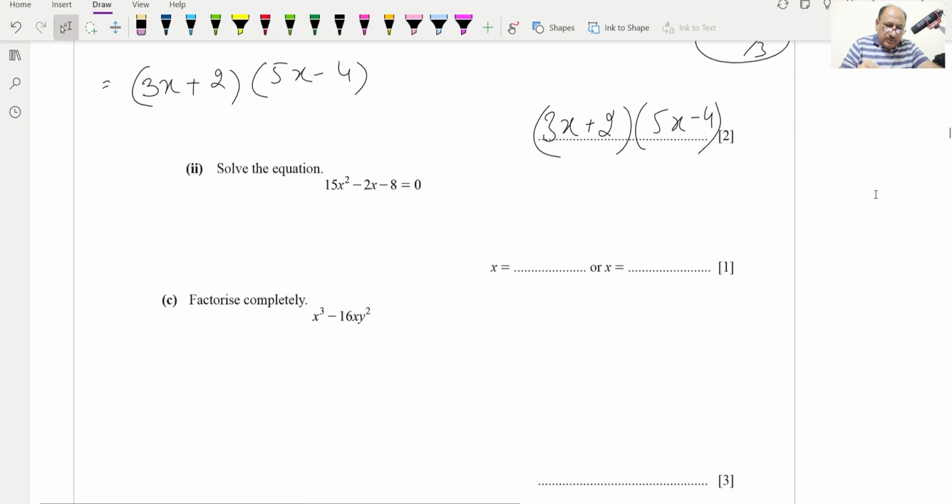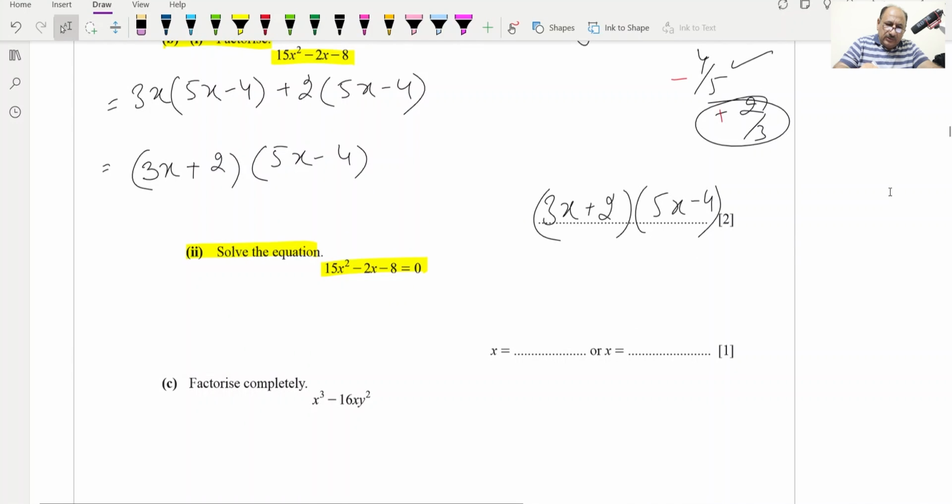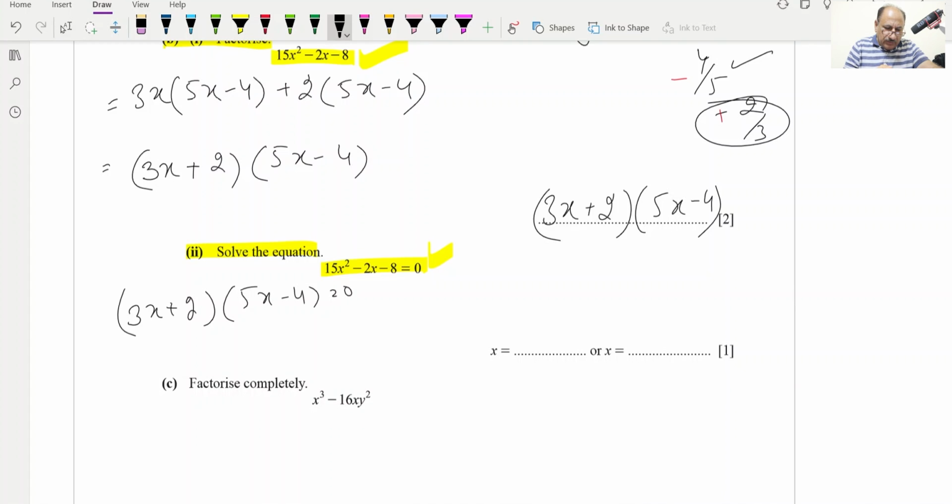Now second part, solve the equation, and the same equation is provided. If you check, this equation and this equation are the same, so we can use the factorization which we have just done. So 3x plus 2 into 5x minus 4 is equal to 0. This implies 3x plus 2 is equal to 0 and 5x minus 4 is equal to 0.